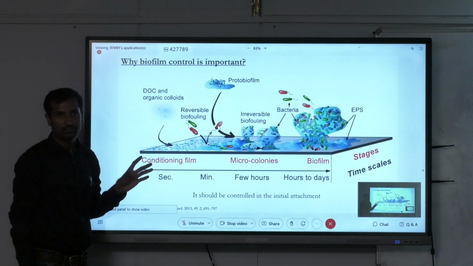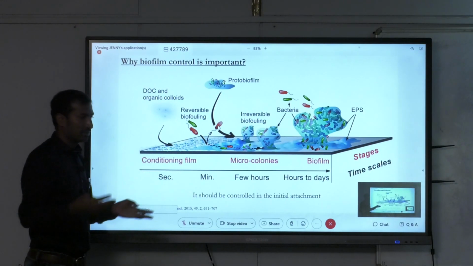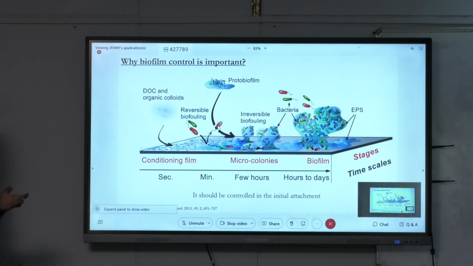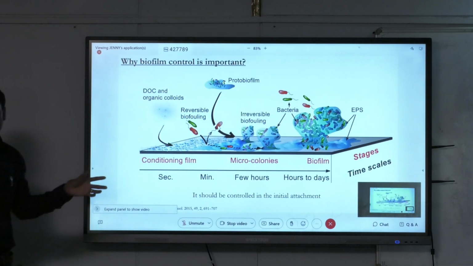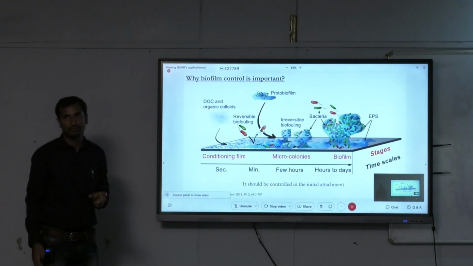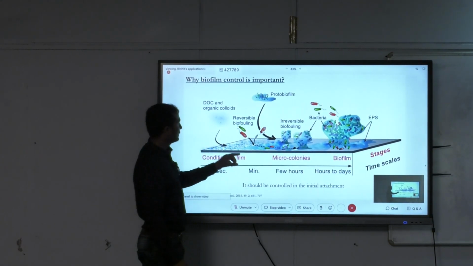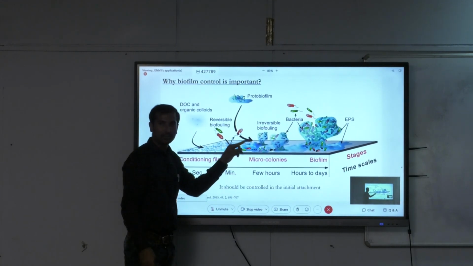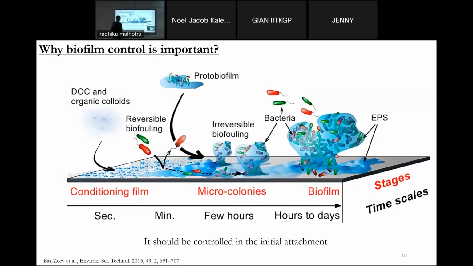Only a few cells. If we talk about bacteria, mostly we talk about 10 to the power 2 or 10 to the power something. In tap water, generally, if you analyze it, the population will be 10 to the power 2 CFU per ml. So in a minute, there will be a few bacteria which attach. Then in a few hours, they can form a few colonies along with some amount of extracellular polymeric substance, EPS.